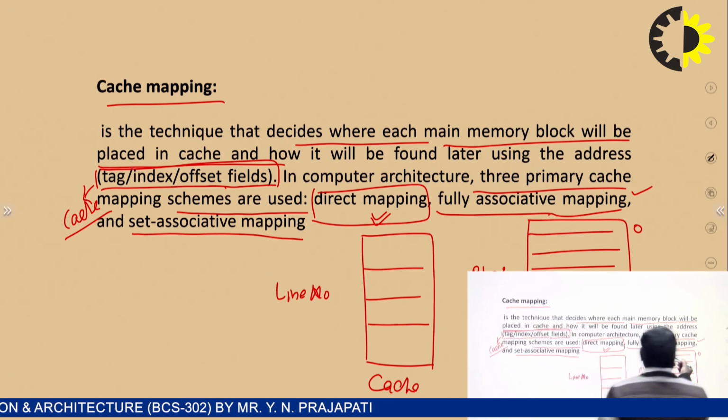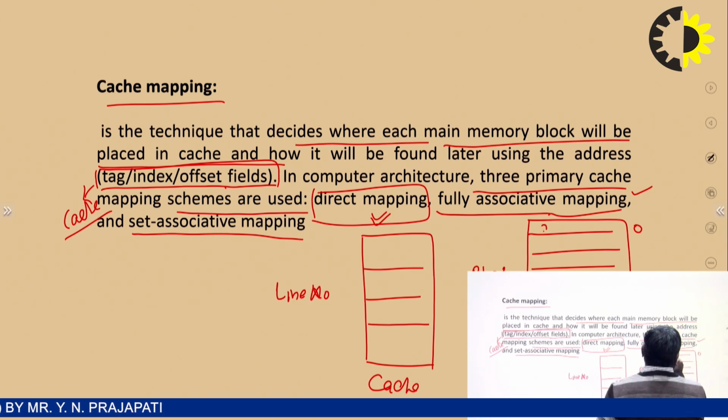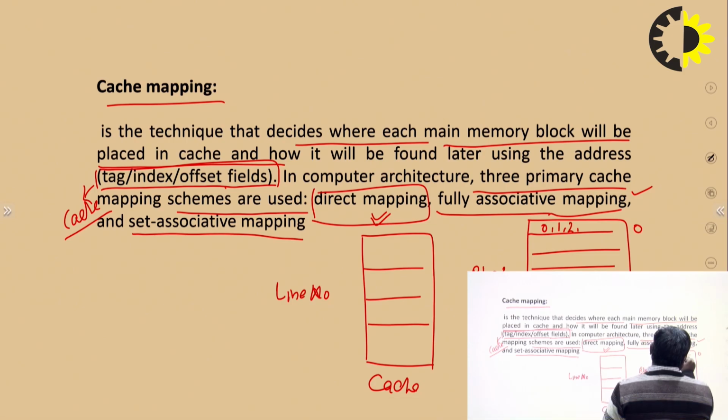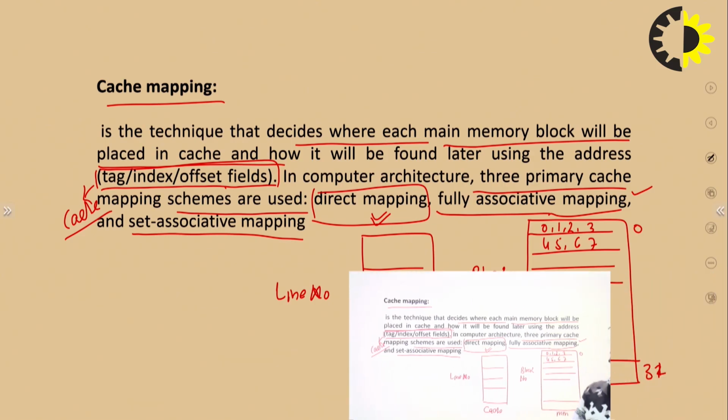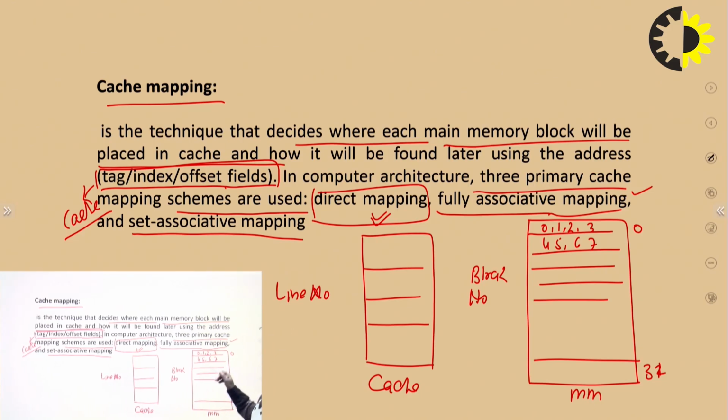In each block of the main memory, 4 words are contained, that is 0, 1, 2, 3, 4, 5, 6, 7, and so on. There are 32 blocks, and each block contains 4 words.